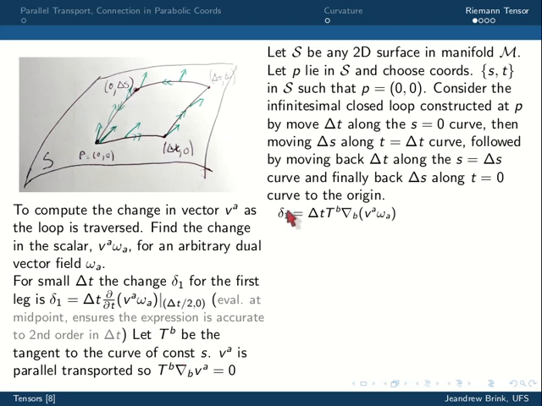Okay, so we're going to have delta 1 equals delta T times T^B. It's basically your parallel transport condition applied to the dot product.